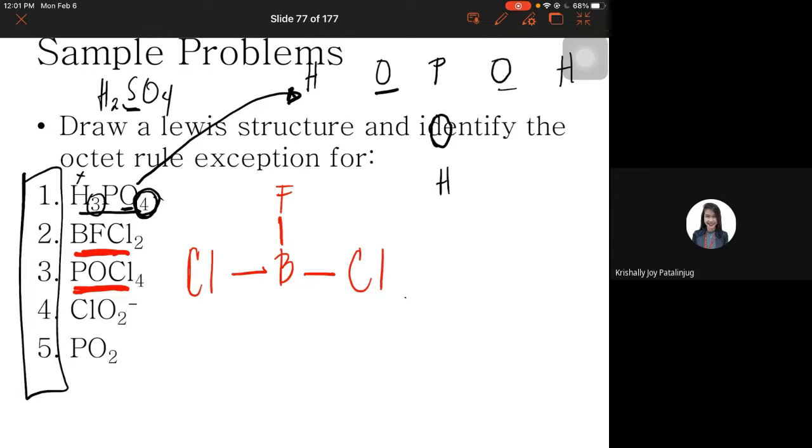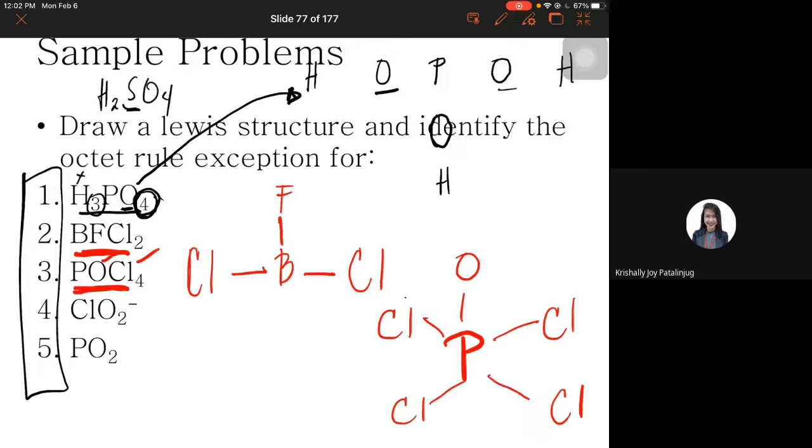Meron bang hydrogen sa number 3? Obviously, wala. Walang hydrogen. So, wag ka nang ma-confuse. Automatic lahat ng surrounding dyan ng mga highly electronegative atom directly attached kay phosphorus. Yes, directly attached sila kay phosphorus. Apat na chlorine, and then isang oxygen.